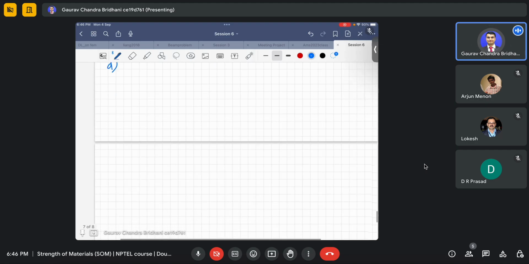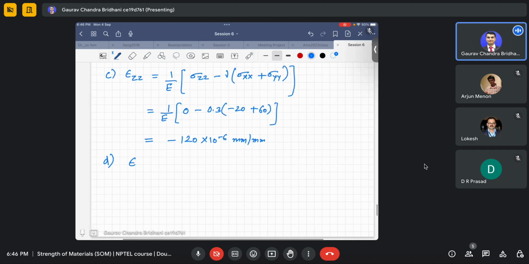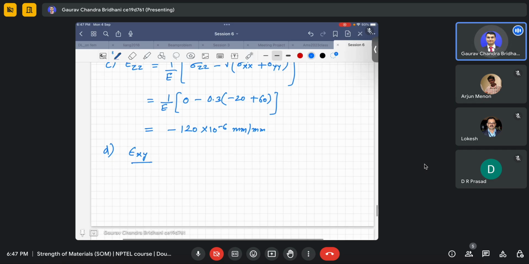Then the D component, we'll find epsilon xy. We know how to find epsilon xy. Gamma xy is nothing but tau xy by G. What is tau xy? It is 30 MPa. And what is G? Now we need to find this G, and G is related as E upon 2 times 1 plus nu. So it will be 200 divided by 2.6 around.